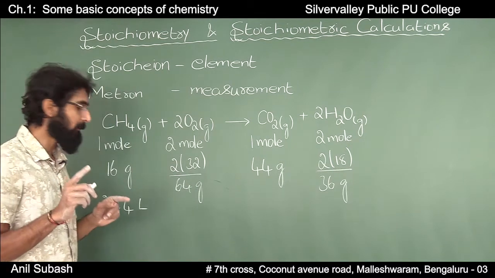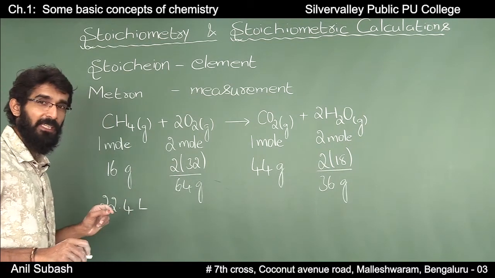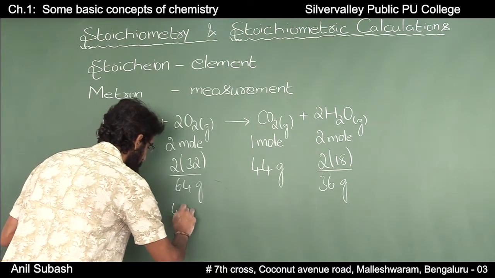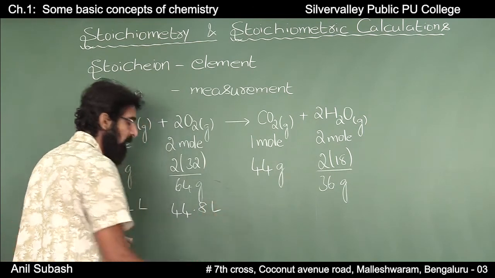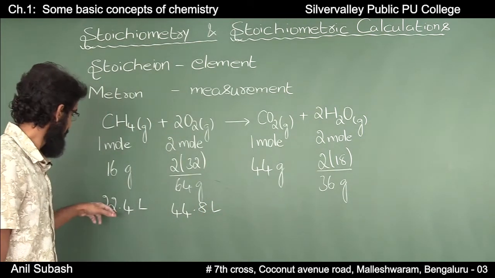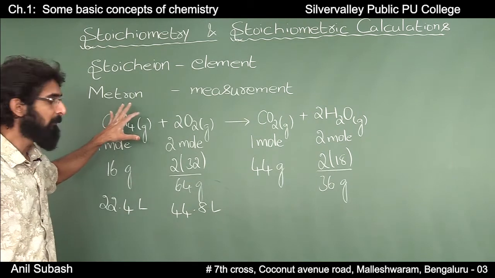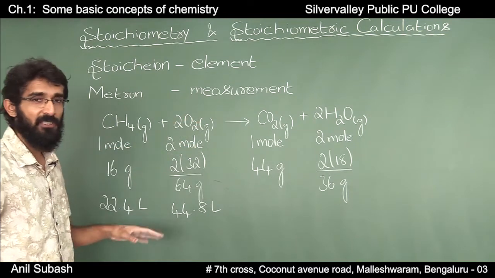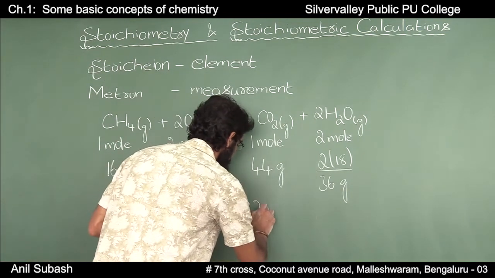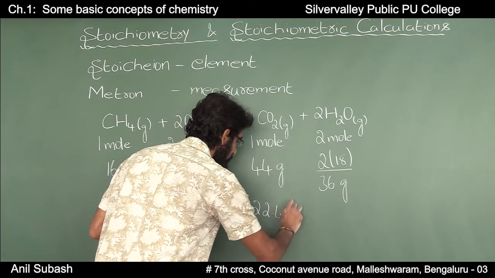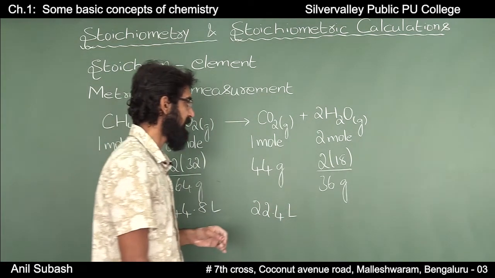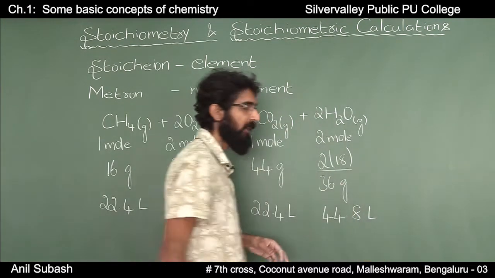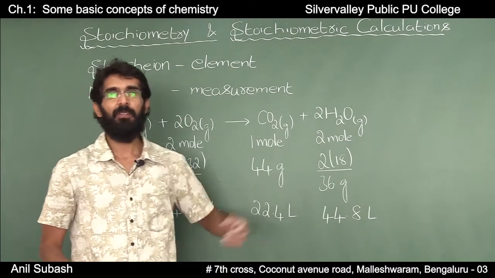If 1 mole occupies a volume of 22.4 liters, then 2 moles occupy a volume of 44.8 liters. 22.4 liters of methane combined with 44.8 liters of oxygen to produce 22.4 liter of carbon dioxide and 44.8 liters of water.